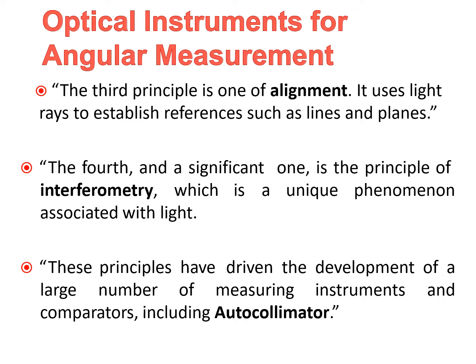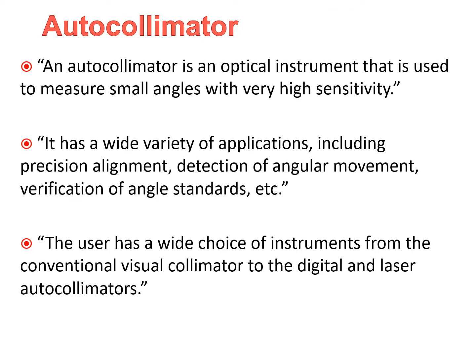These principles drive the development of a large number of measuring instruments and comparators, including the autocollimator. It is an optical instrument to measure small angles with very high sensitivity. It has a wide variety of applications including angular movement, straightness, flatness, and calibration.